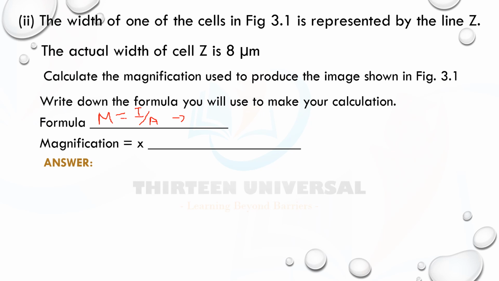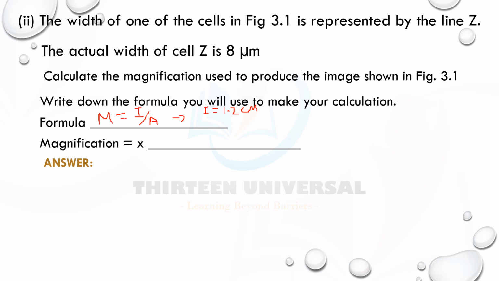So that line Z in the actual paper, when you measure it, is our image size, and it is about 1.2 centimeters. So measure it with your ruler. When I did it in the actual paper, you may not get exactly this, but 1.2, right?